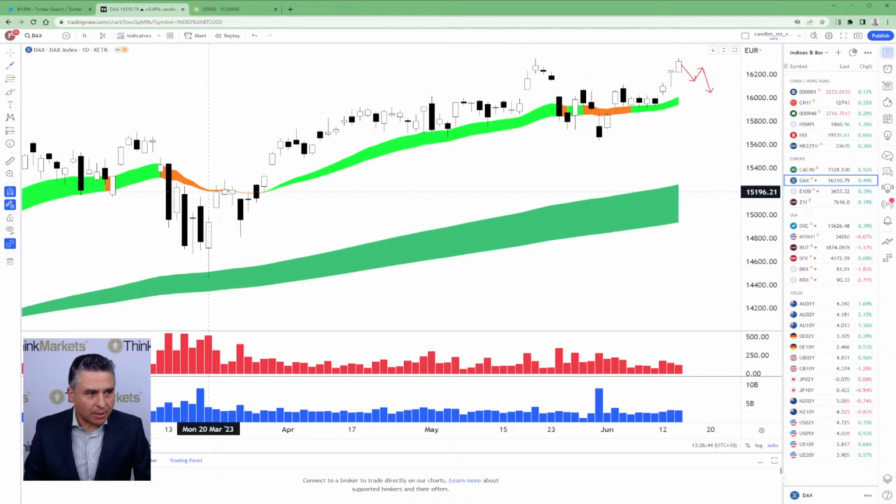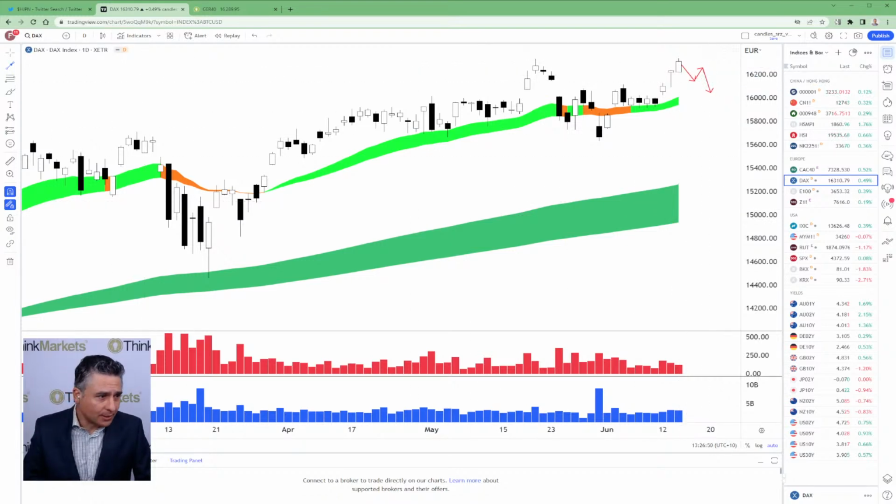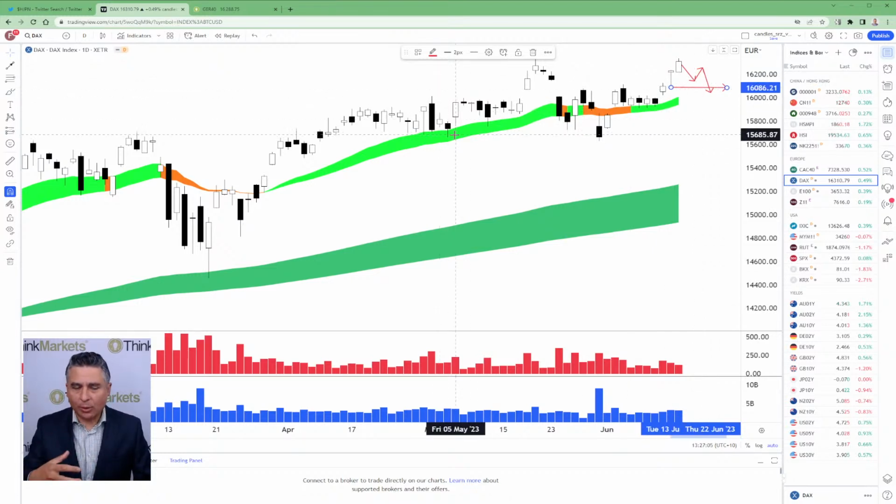Let's do that one. And there we go. That's where I want it to go. We'd be getting out if it broke through the point of demand between the two peaks, and that might be a fraction of that $217. But we know at least that's our worst case scenario, and we're going to commit to being out if that's the case, because we never get into a trade with an open-ended loss ability.